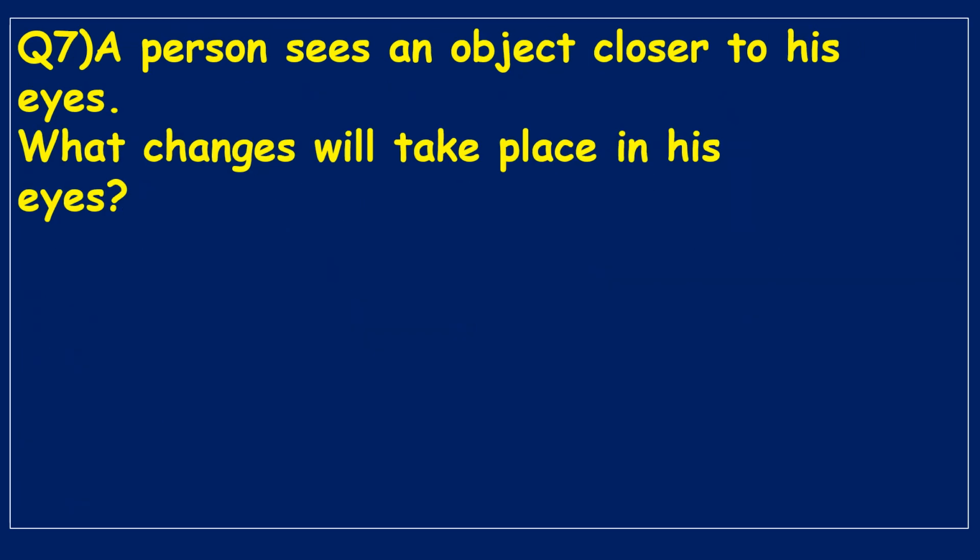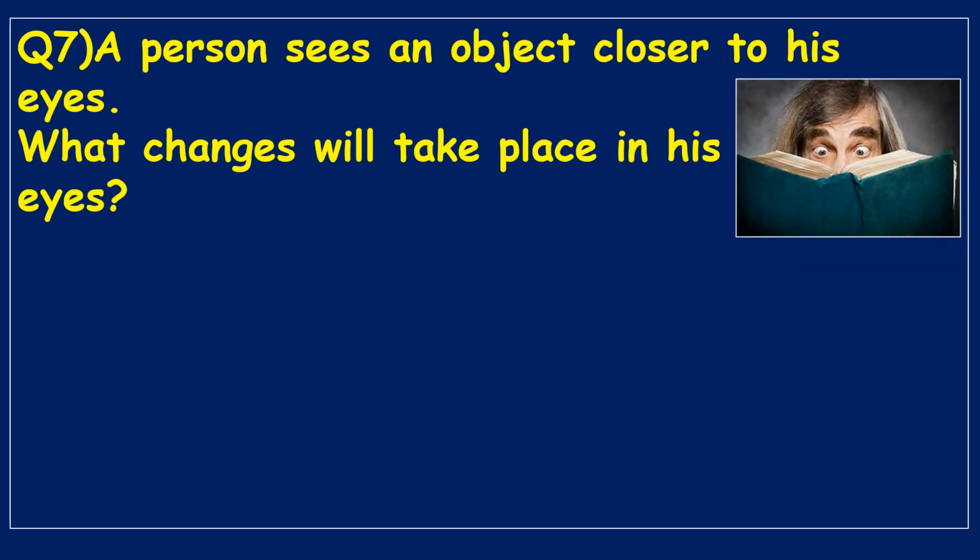Next question. A person sees an object closer to his eye. What changes will take place in his eyes? For example, if you look at an object from close, what will you feel? See here, this person is looking at the book very close.